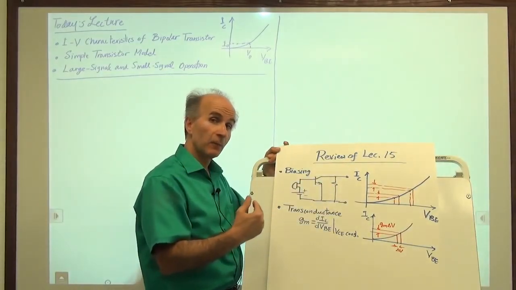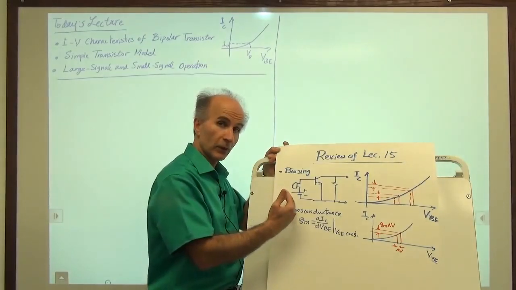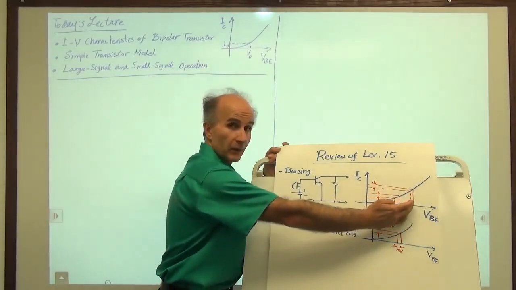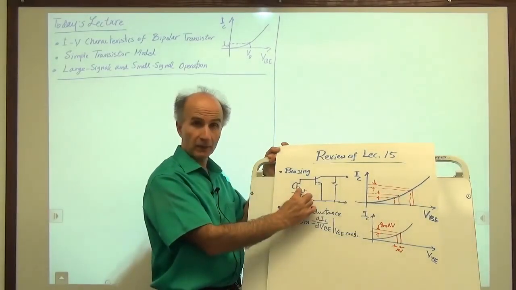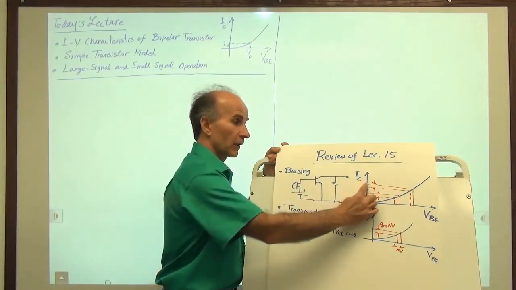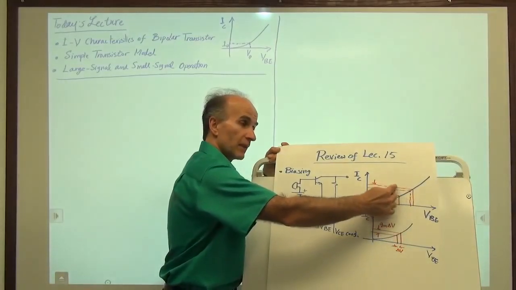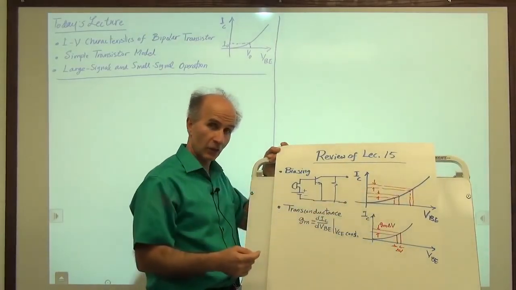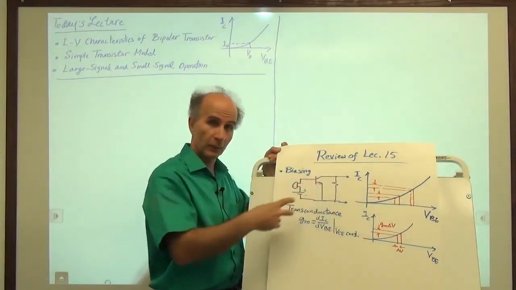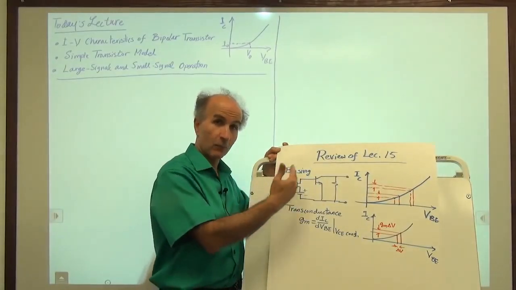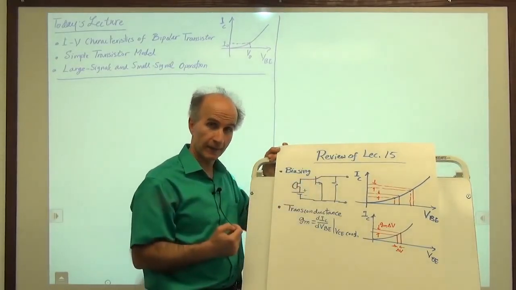But now, if we change the operating point to a higher base emitter voltage, so we use a larger battery voltage and a higher collector current, then we see that the microphone signal gives us a greater current change and hence a greater output voltage. So the circuit has more amplification.